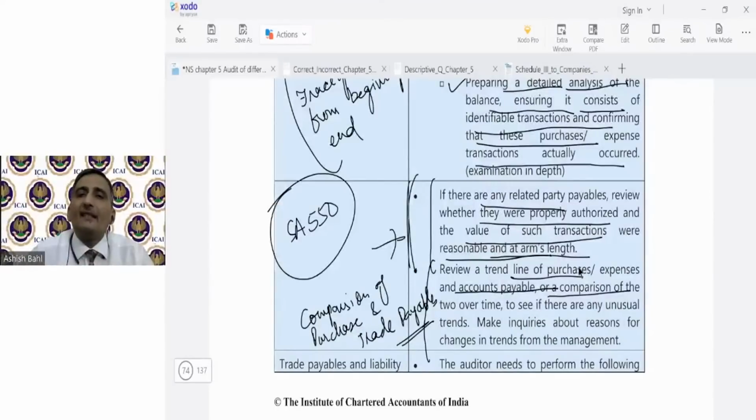You see what the purchases are, month wise what the trade payables are, and you try to figure out the month wise relationship between purchases and trade payables. And if there are some unusual trends, then obviously you inquire about it from the management.